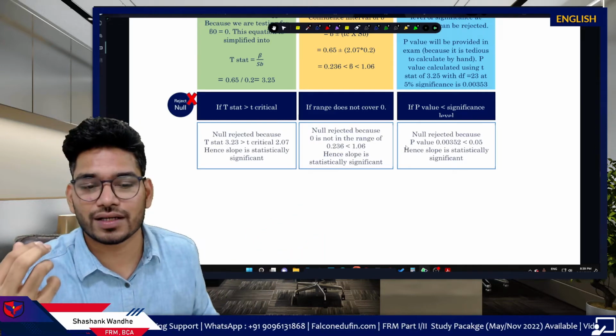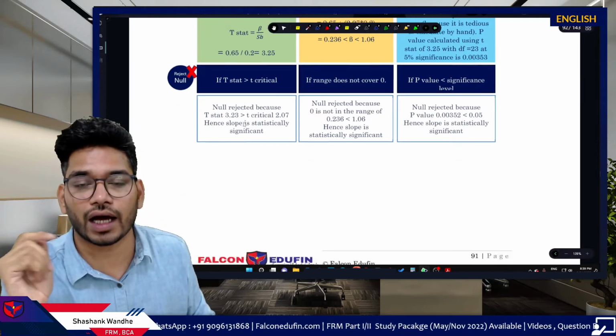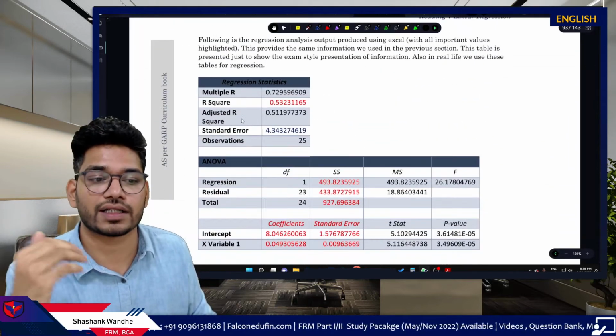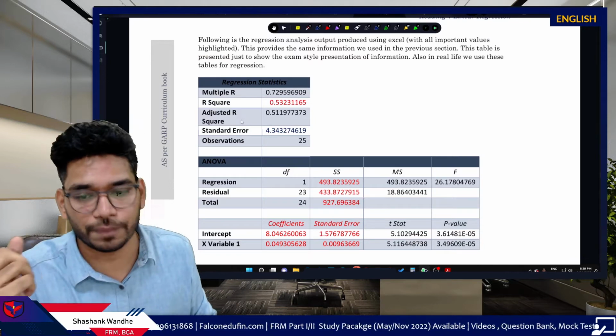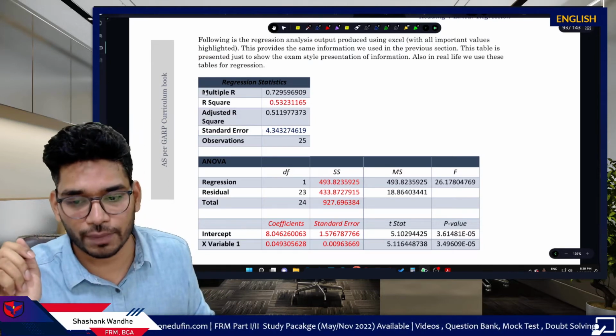Remember, there is no hypothesis testing for intercept because intercept doesn't affect our total calculation, or our forecasting ability of our equation. So generally intercepts are not tested, only the coefficients are tested for the hypothesis testing.